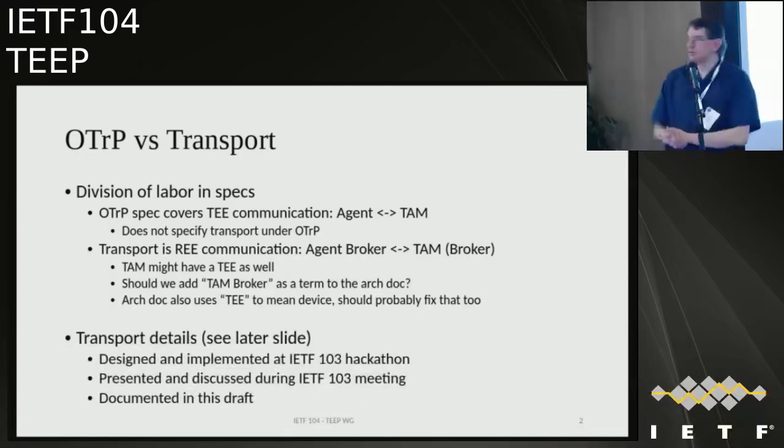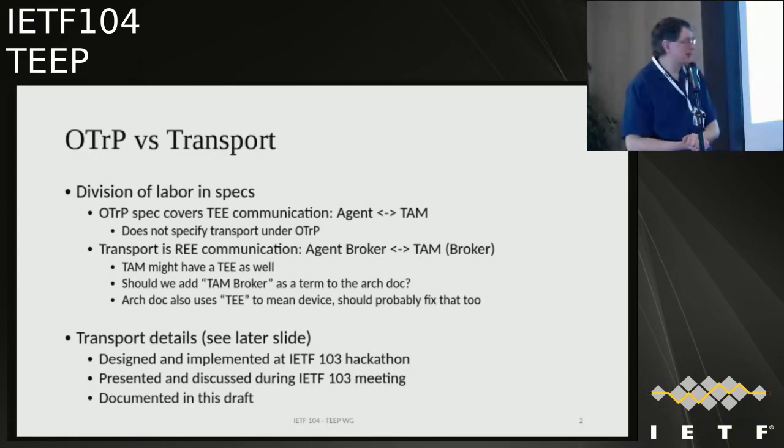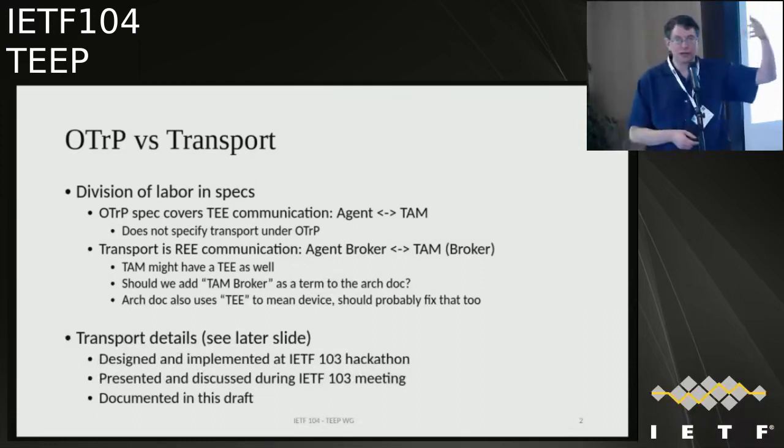The distinction is that there are two different ways to implement a TAM. One way is you write a TAM service the way you've always written a TAM service. The other way is to use a TEE, say SGX, inside the TAM. So the part of the TAM that does OTRP runs inside a trusted application in the TAM service, and the part that's outside implements HTTP or whatever.